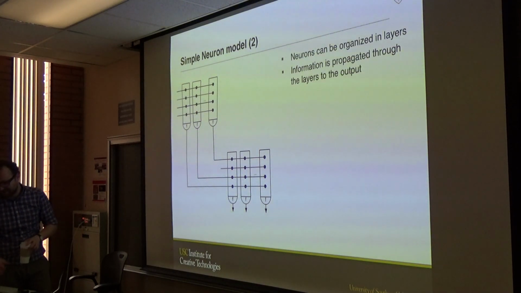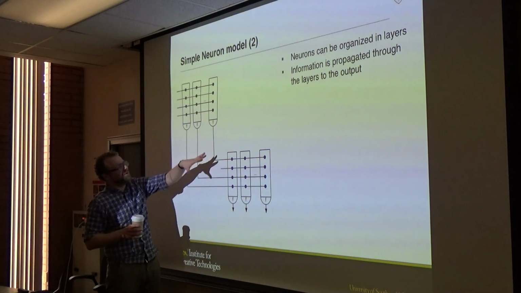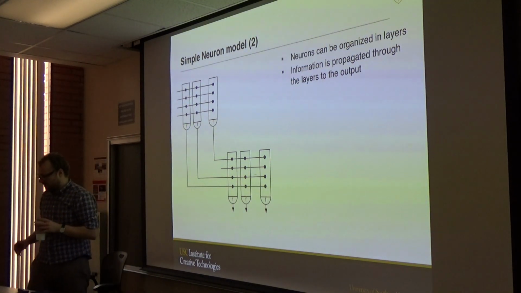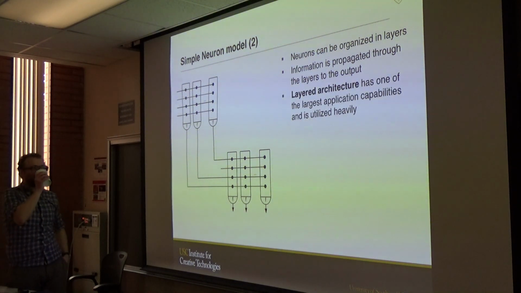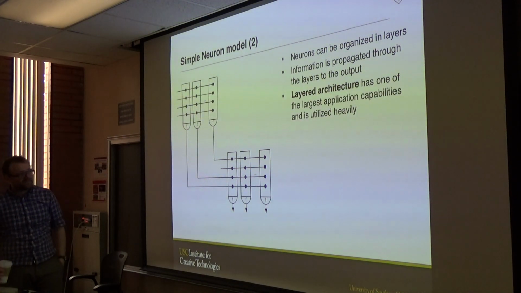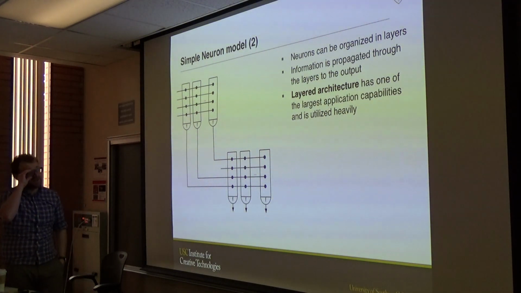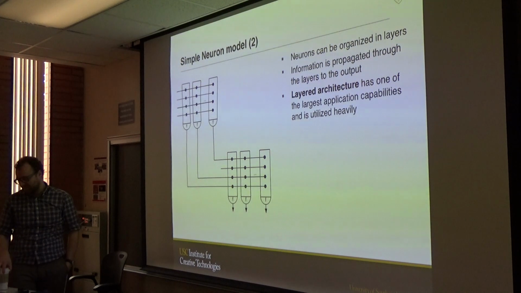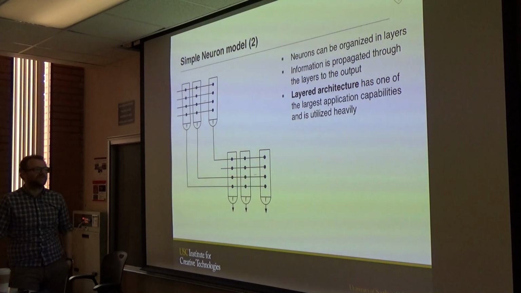So they can be organized in layers. Information is propagated through those layers, one step at a time, and these layered architectures have a huge number of application capabilities, and they're utilized very often in machine learning nowadays.